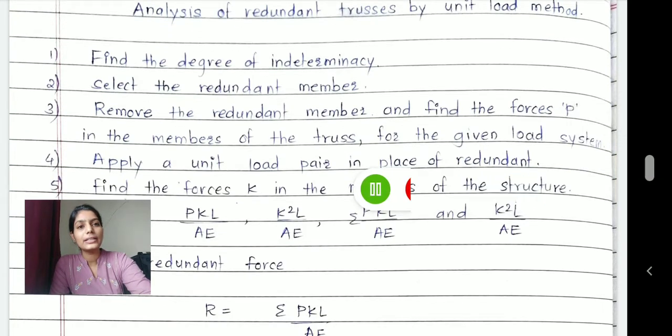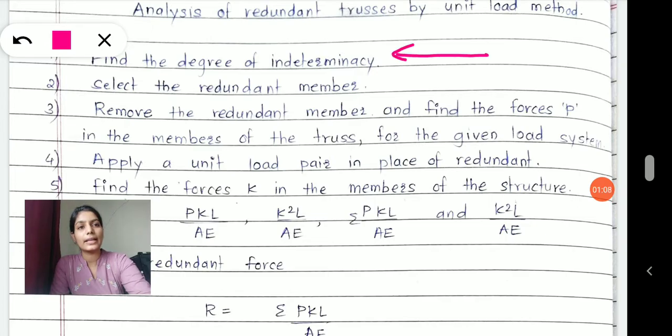So see here, the very first step is to calculate the indeterminacy. As I said, a certain degree of indeterminacy is involved in your structure. That's why first of all you calculate the degree of indeterminacy involved in the structure. Then you select the appropriate redundant member.